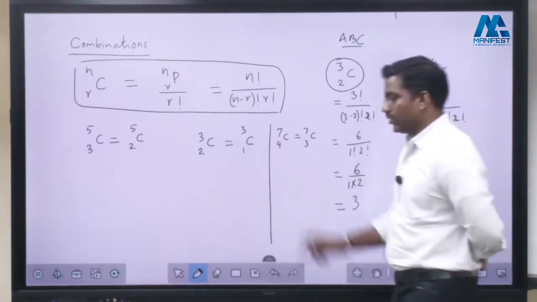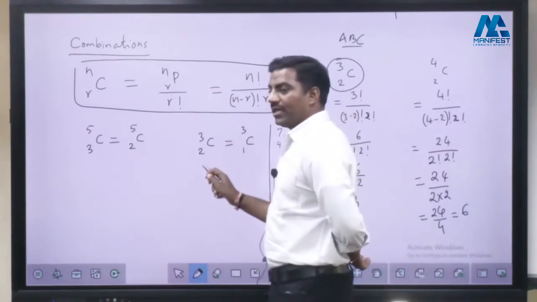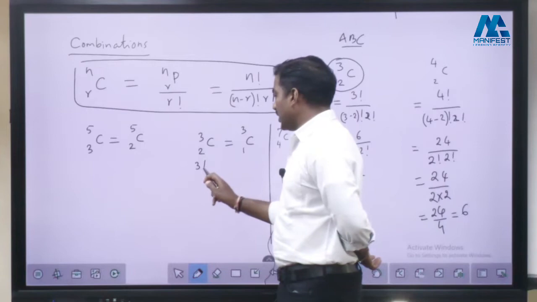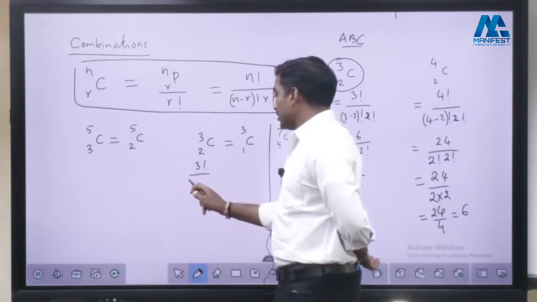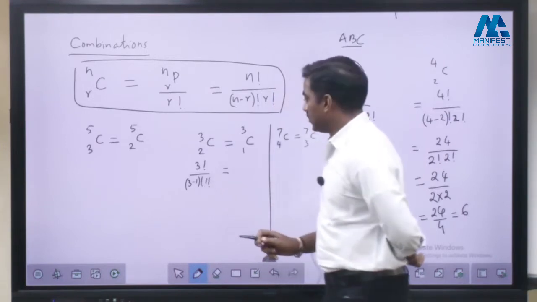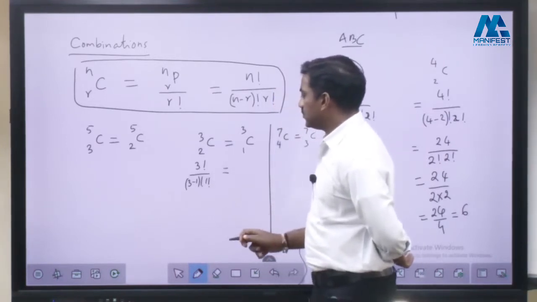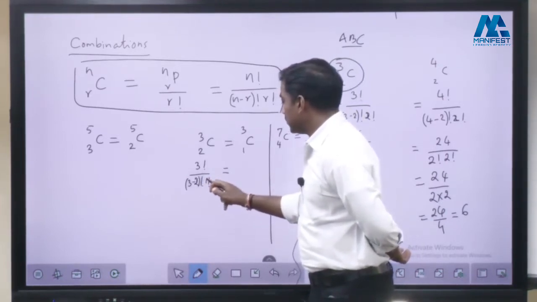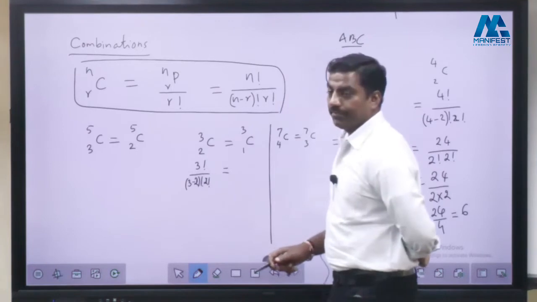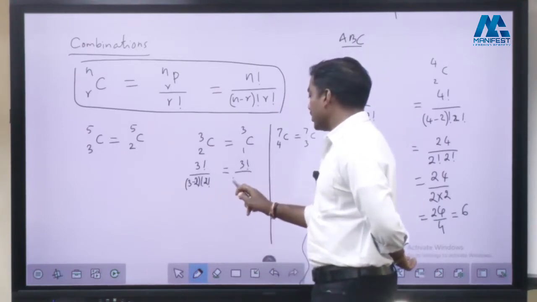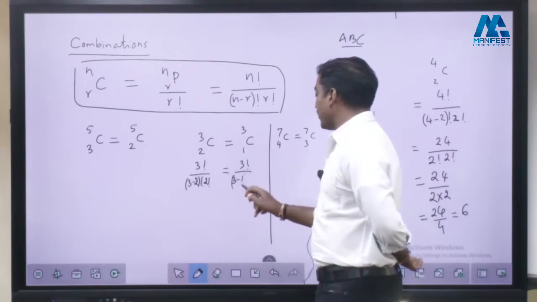I'll show you the proof. Here, how do you write 3C2? 3 factorial divided by 3 minus 2 factorial divided by 2 factorial. And 3C1: 3 factorial divided by 3 minus 1 factorial divided by 1 factorial.